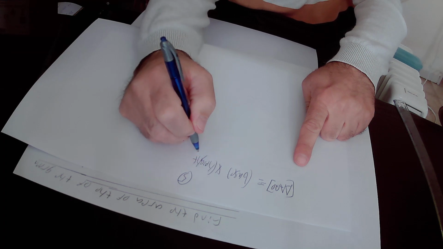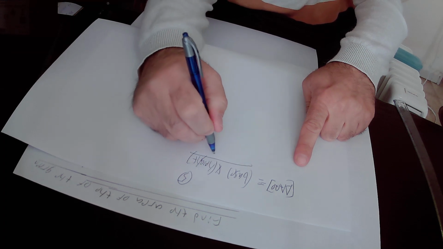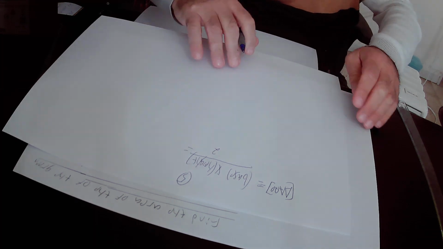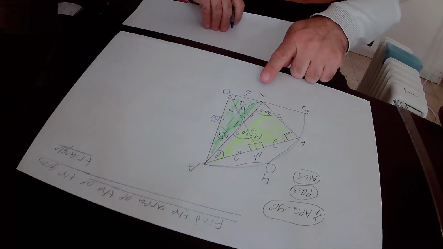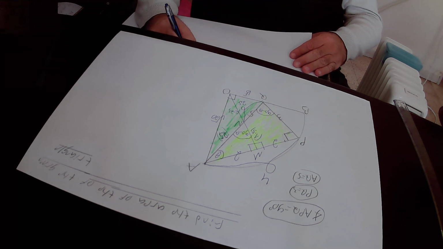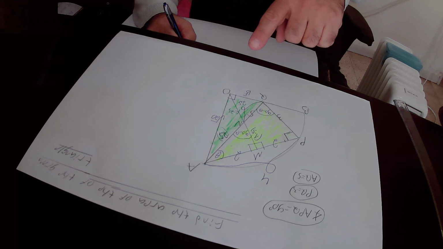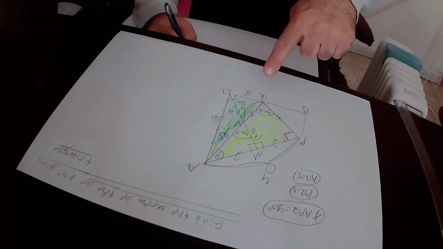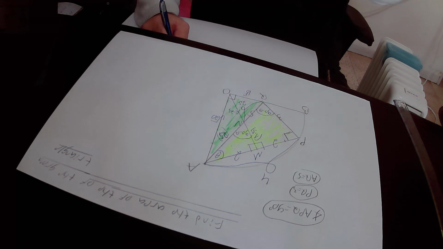The height must create 90 degrees with the base. The base, we choose the base as QO. And therefore the height to the base must be AO. Why? Because it creates 90 degrees with the base QO. So the height is AO.